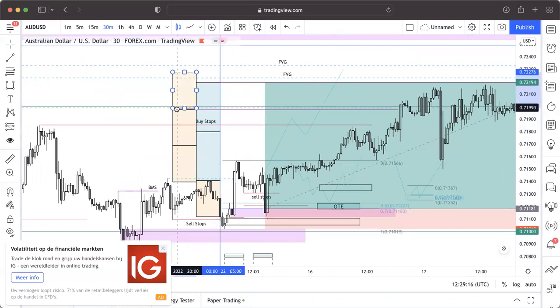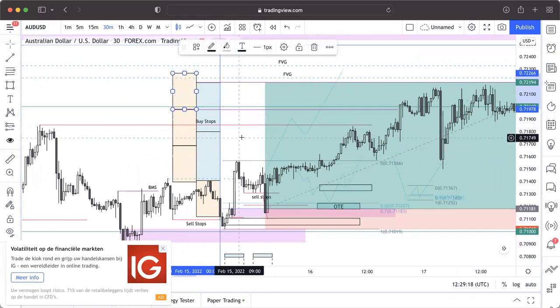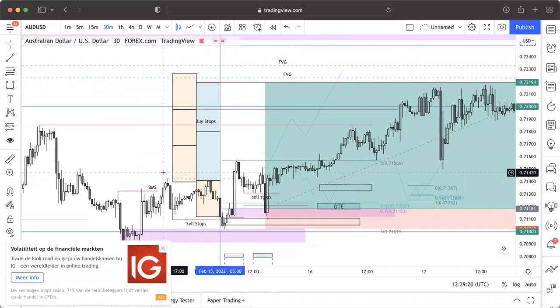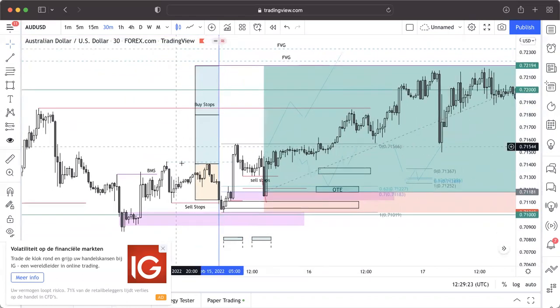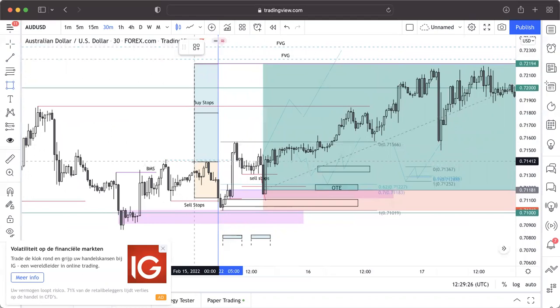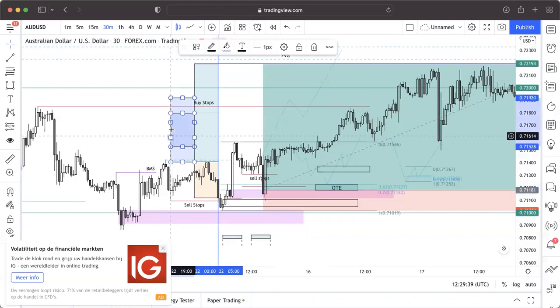When the market is trading below, you want to measure this distance, and it works like this: you drag another box on it, you measure this right there, and that's it, you've got your standard deviation. And this is the measurement you want to be using.